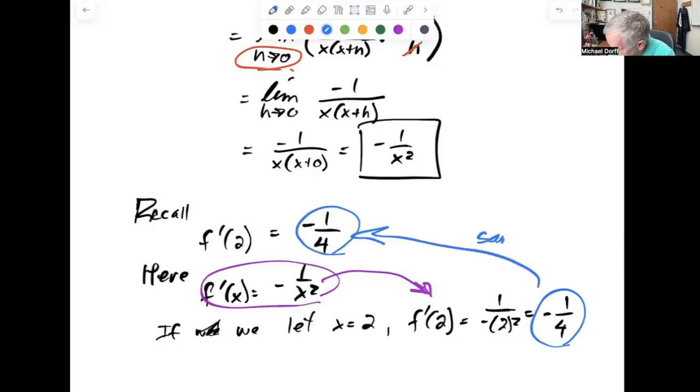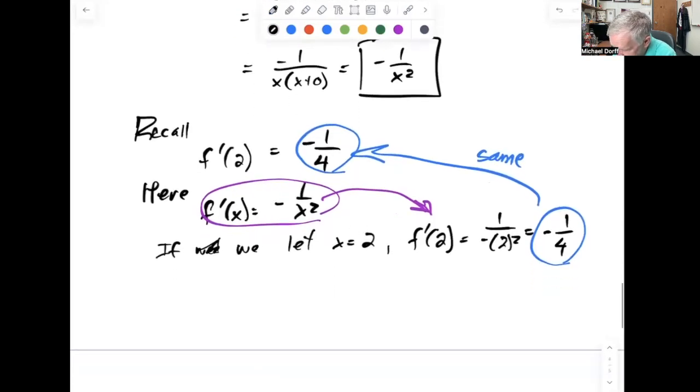Same. But what's nice now about my function is we could let f be other things. We could say, what is f prime of 3? Well, I don't have to now redo the whole problem. I can just put in 3 here, and I get negative 1/9.